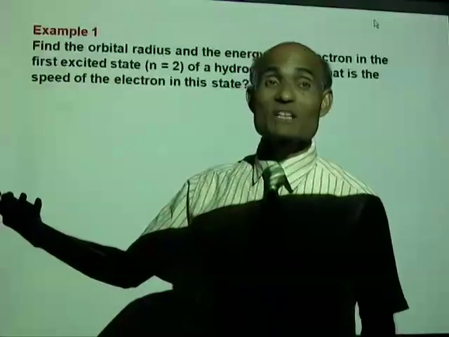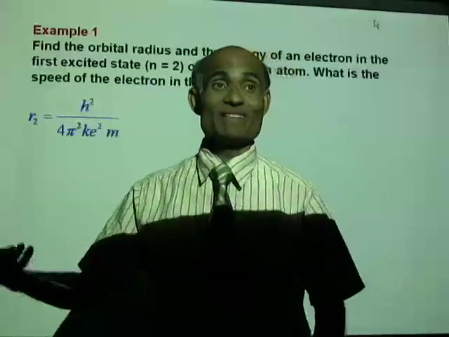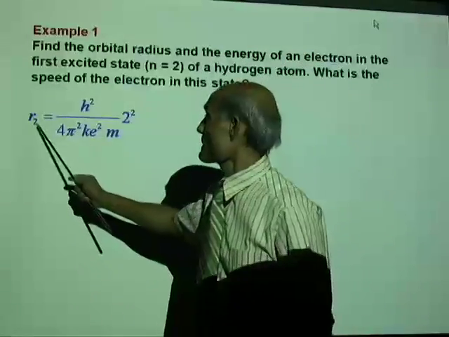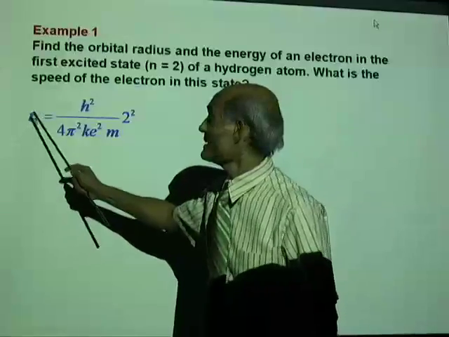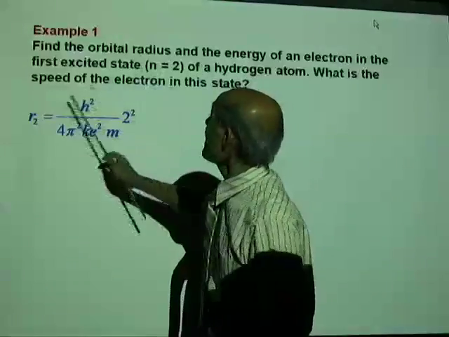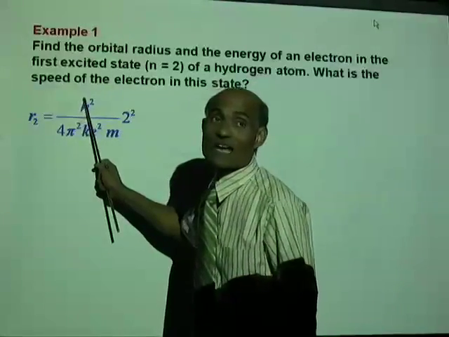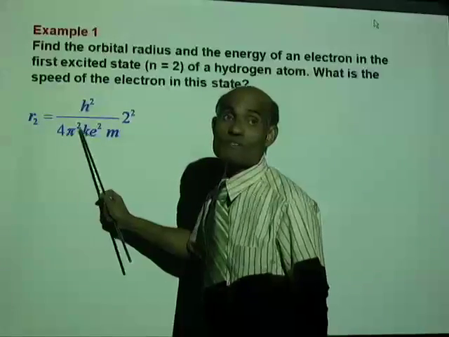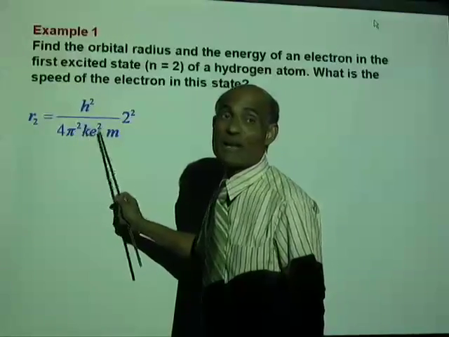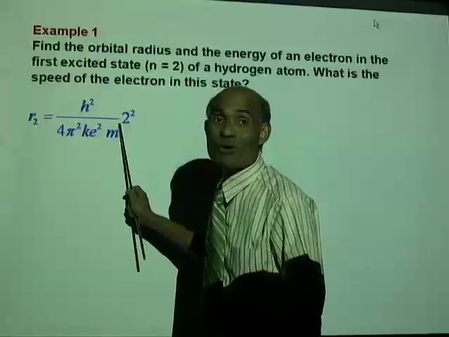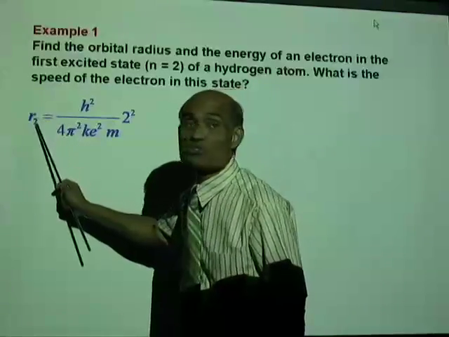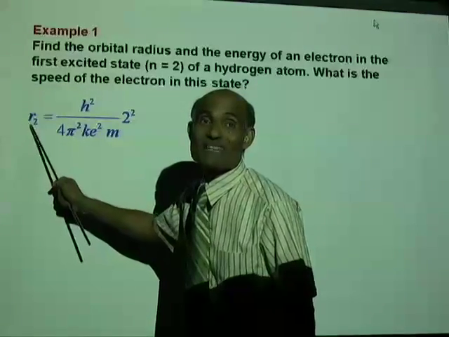Well, we have obtained an expression for the energy already. Is that right? The radius r sub n is h squared over 4 pi squared k e squared m times n squared. When n equal to 2, you get the radius of the second orbit.